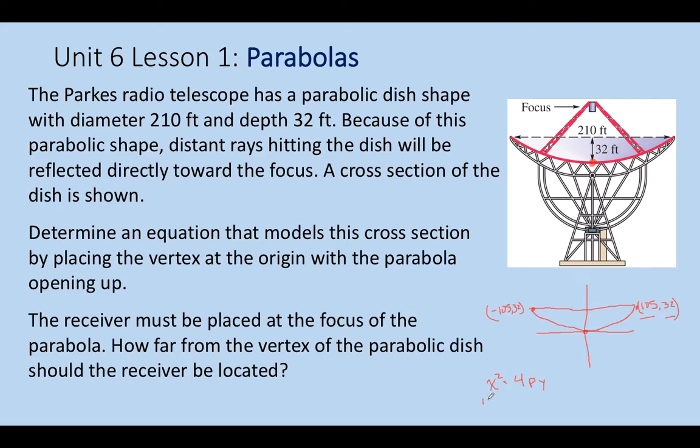So I've got 105 squared equals 4 times p times 32. 4 times 32 is 128, and 105 squared is 11,025. So we've got 11,025 equals p times 128. Now I can very easily solve for p, and I get p is about 86.1.